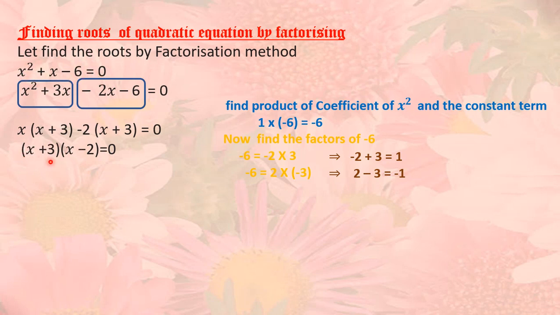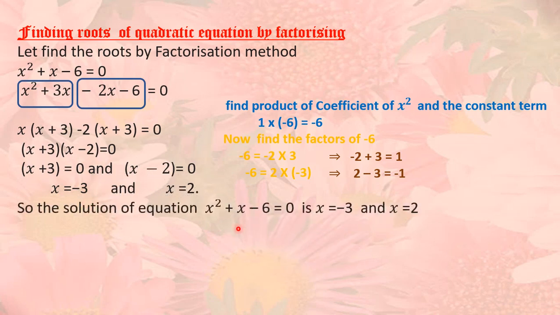By these two factors, we can now find the roots of the equation by equating them with 0. So let's take x plus 3 is equal to 0 and x minus 2 is equal to 0. So we can say x is equal to minus 3 and x is equal to 2. So here we get the solution for the given equation.